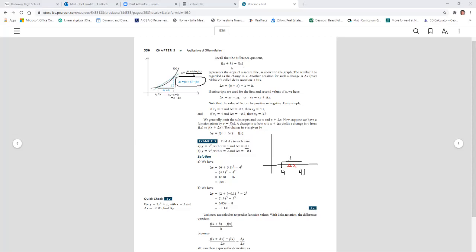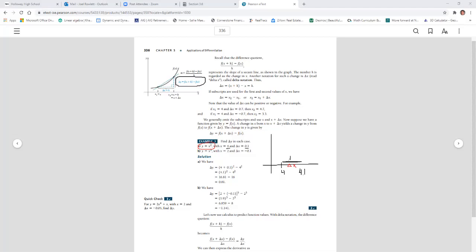So how do we get the y values? Well, if we plug 4.1 in for x, we get 4.1 squared, which is 16.81. So the y value, and again, this is not drawn to scale.